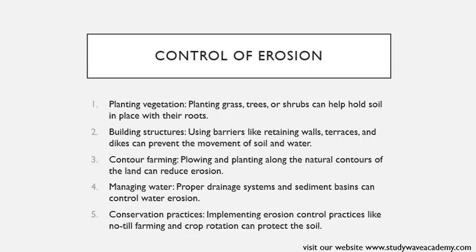And we have also talked about how to control erosion. We now know various ways to control erosion. Good. So understanding these concepts helps us take care of our environment and protect the land we live on.